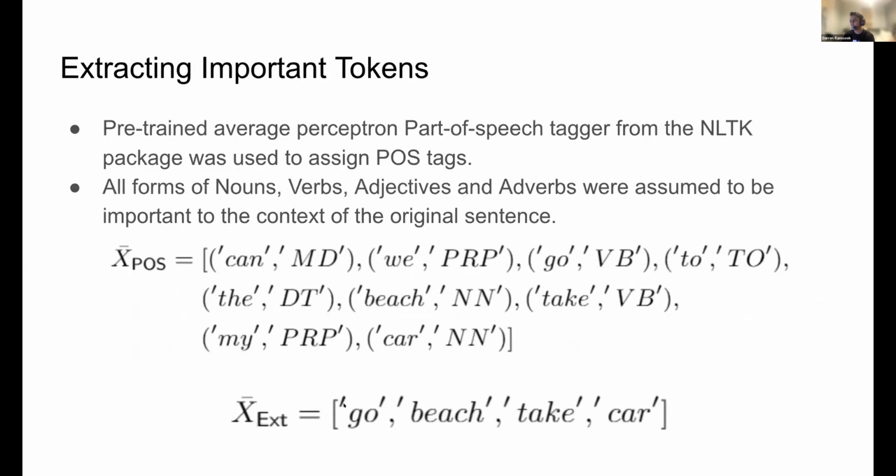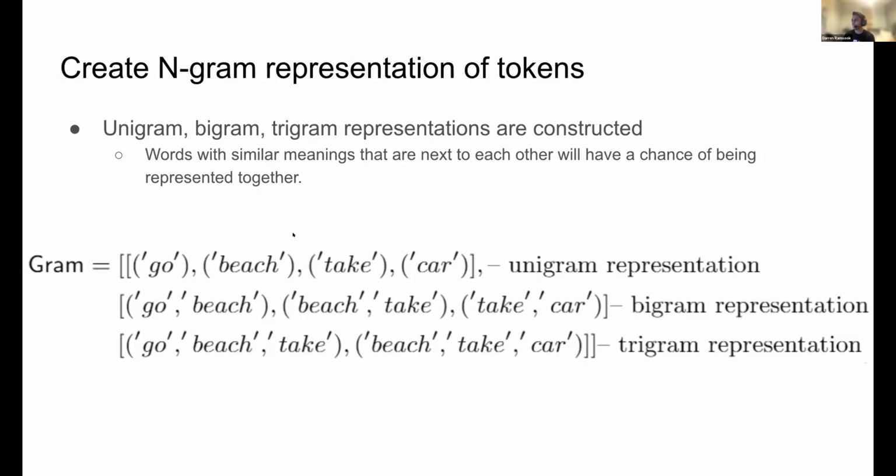From our last step, we had go, beach, take, car. The unigram representation is that each word is considered individually. The bigram representation takes two words at a time, sliding by one over the tokens. Similarly for the trigram representation, the window size would now be 3.